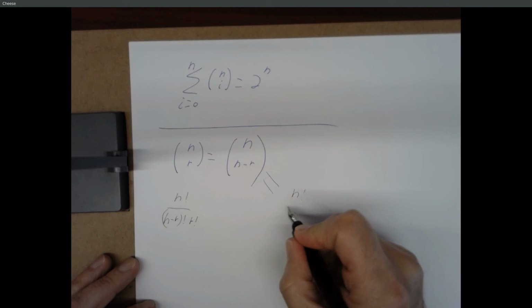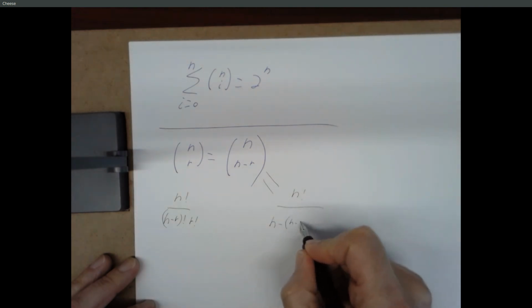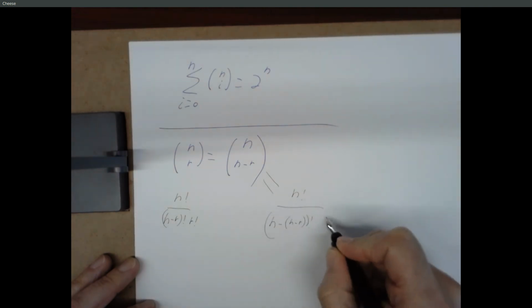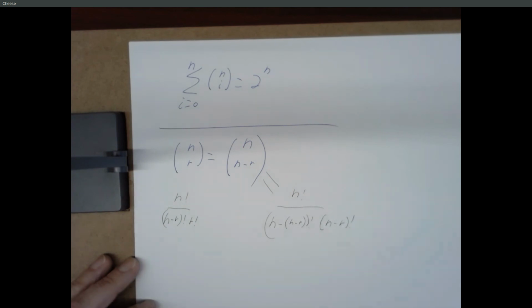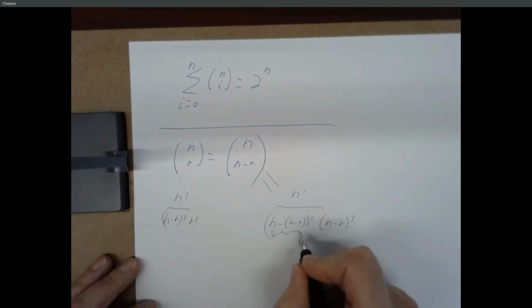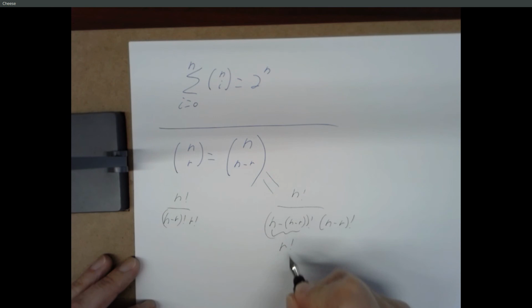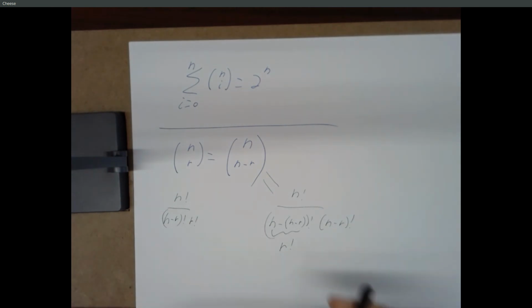This is n factorial over n minus R factorial times n minus R factorial, and n minus R is just R. So it's exactly the same formulas. So there's a symmetry between these combinations. N choose R and n choose n minus R will give you the same value.